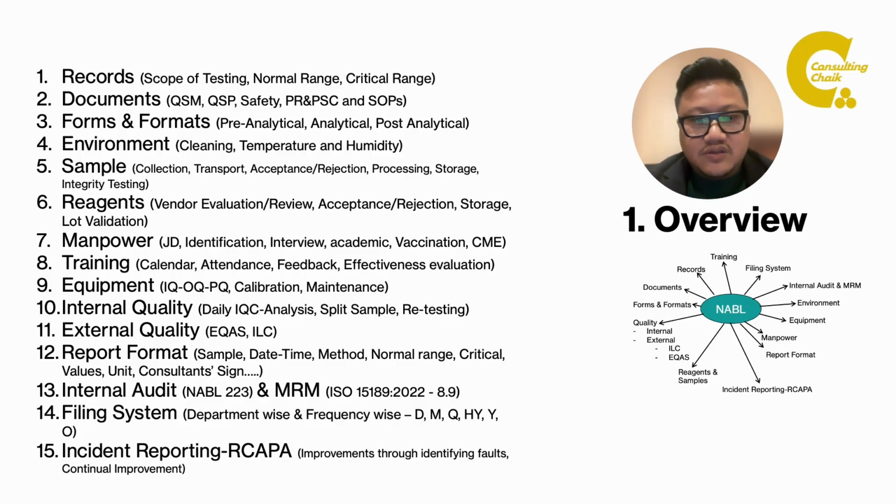So this whole overview that you see is a humongous task to do. And let me tell you a very important thing. From all these things that you are seeing: training, records, documents, forms and formats, quality, IQC or external quality, reagent, sample, incident reporting, maintenance, internal audit, MRM, filing, all these things.